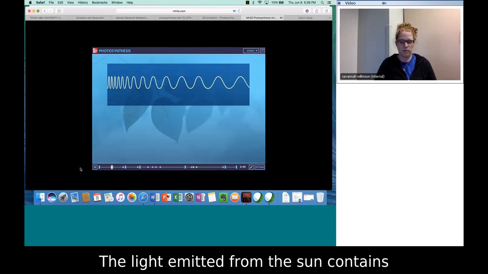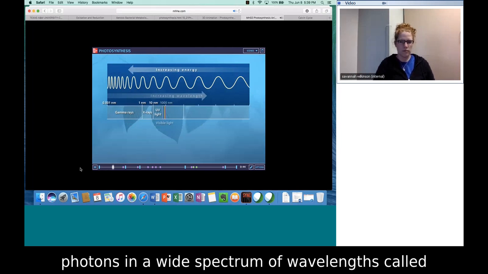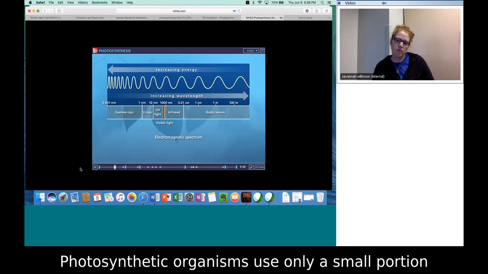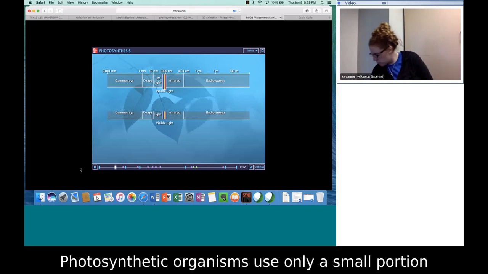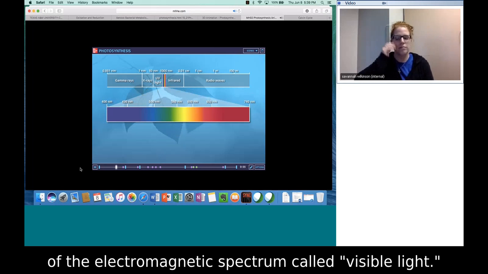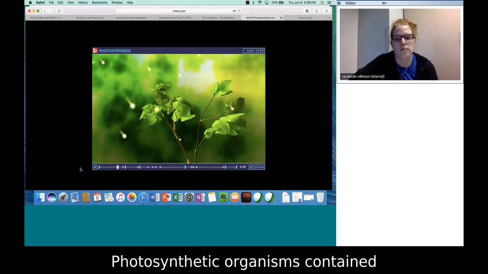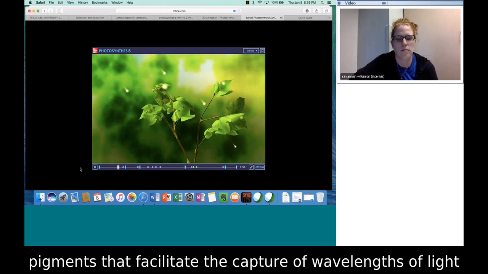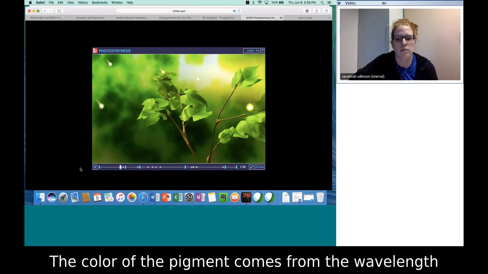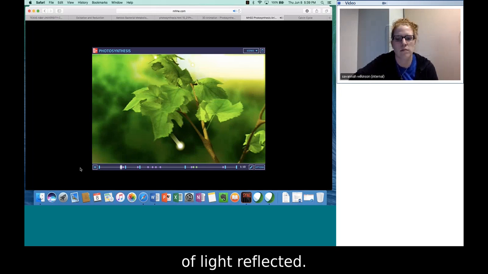The light emitted from the sun contains photons in a wide spectrum of wavelengths, called the electromagnetic spectrum. Photosynthetic organisms use only a small portion of the electromagnetic spectrum, called visible light. Photosynthetic organisms contain pigments that facilitate the capture of wavelengths of light in the visible light range. The color of the pigment comes from the wavelengths of light reflected.